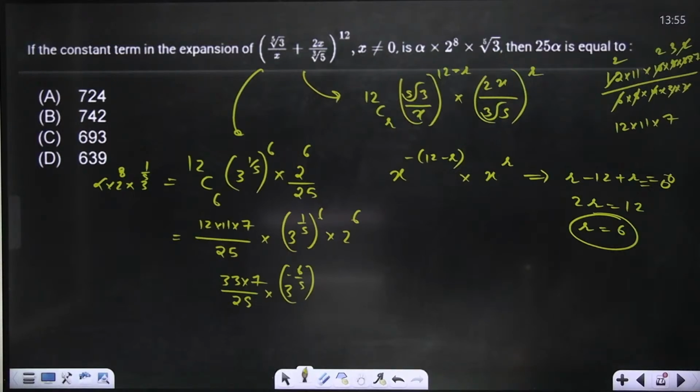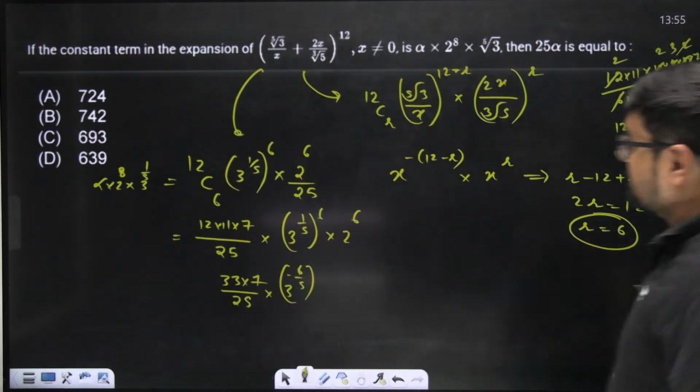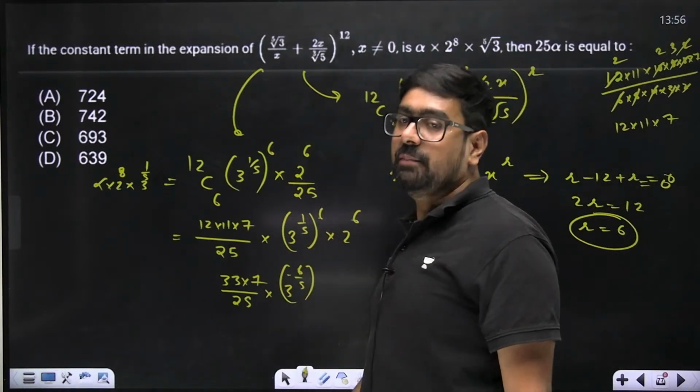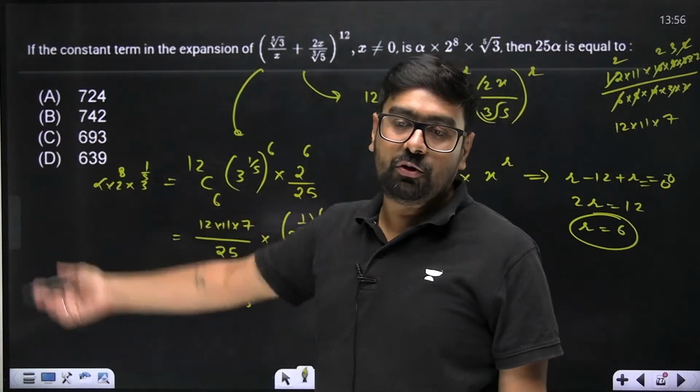So 231 by 25 will come as 2 to the power 8, 3 to the power 1 by 5, and then a 3. 3 to the power 6 by 5 can be written as 1 plus 1 by 5. So 3 to the power 1 into 3 to the power 1 by 5.